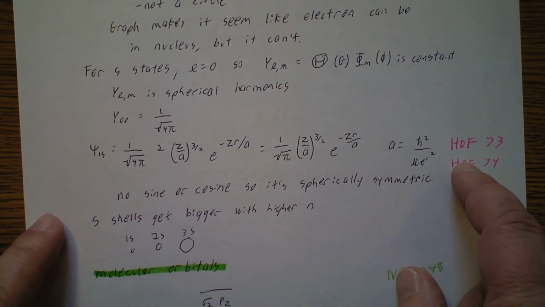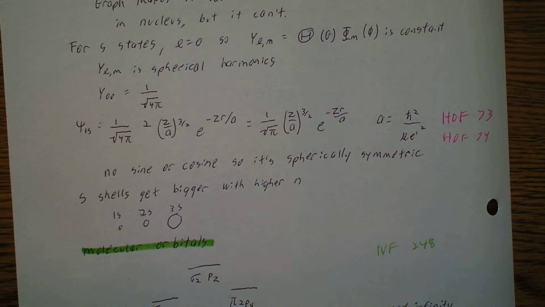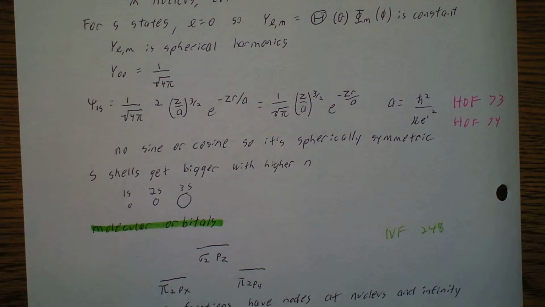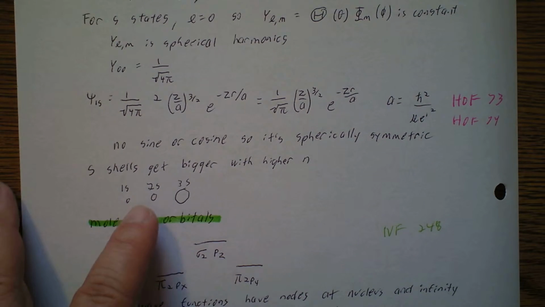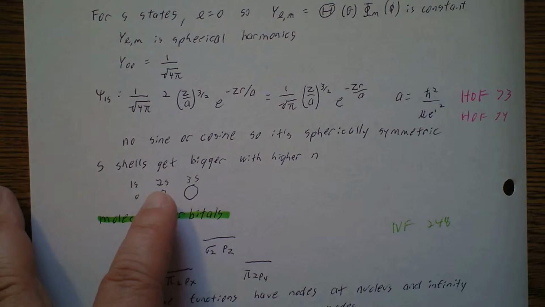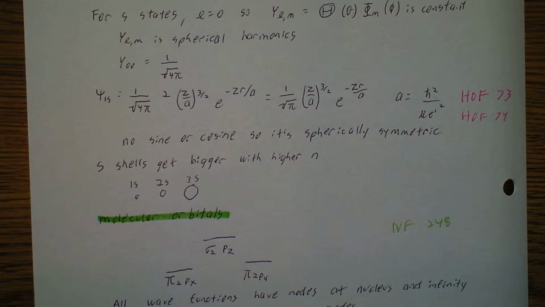See handout figures 73 and 74. In this case there's no sine or cosine because the orbital is spherically symmetric. For the s shells, you might guess they get bigger with higher n. A 1s orbital is the smallest, a 2s orbital is bigger, and the 3s orbital is bigger still.